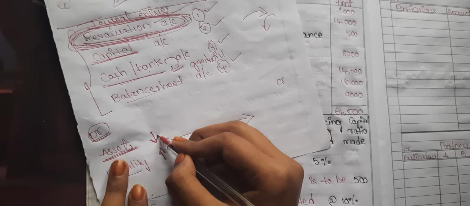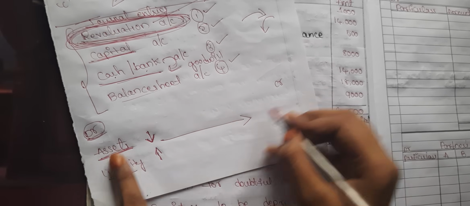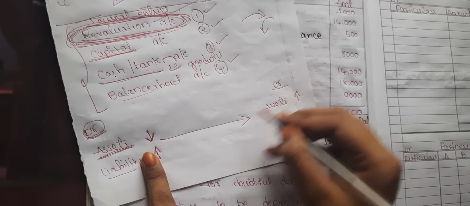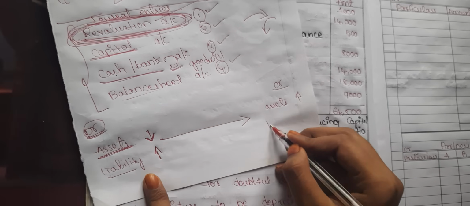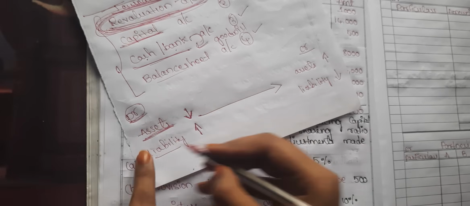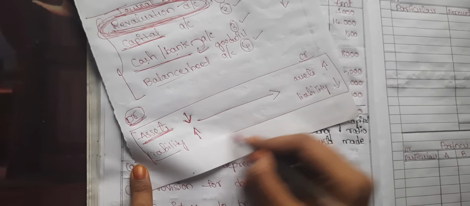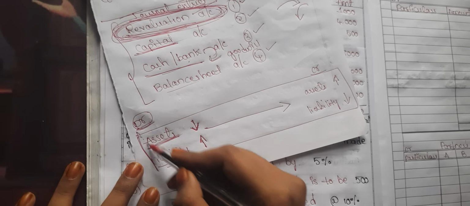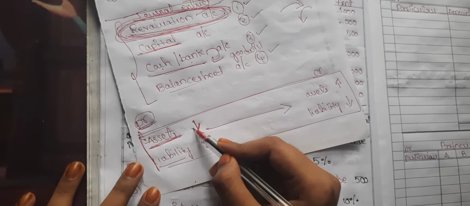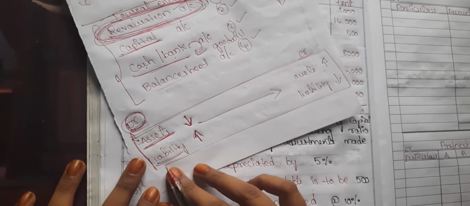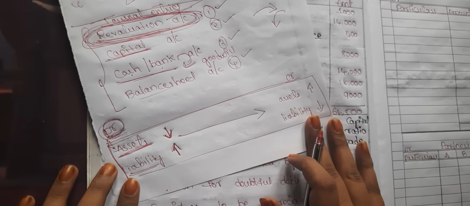Here a liability is increasing, so here it should decrease. Getting my point? If you remember this, easily you can do the revaluation account, no doubt. You just need to remember that if asset amount is decreasing, debit side; if liability amount is increasing, debit side. The opposite of it is on the credit side.